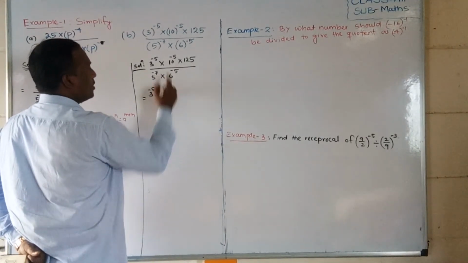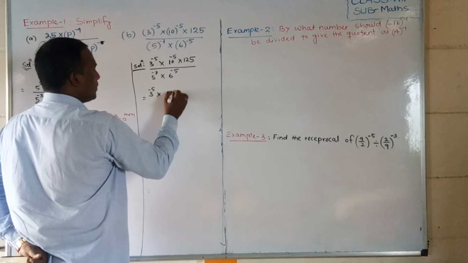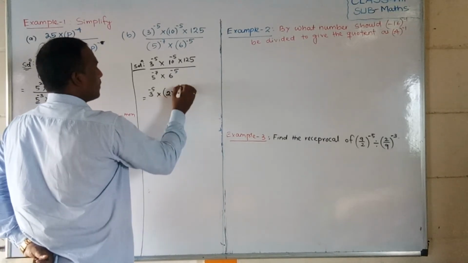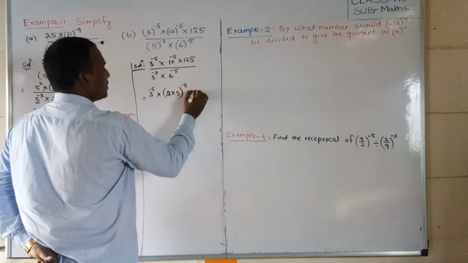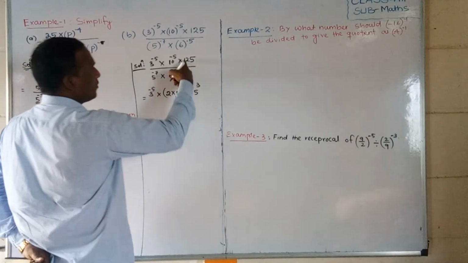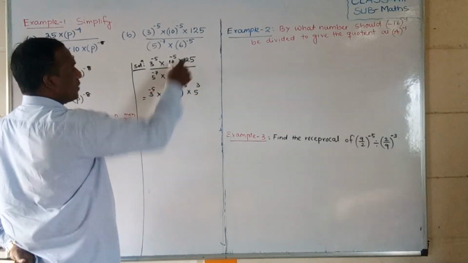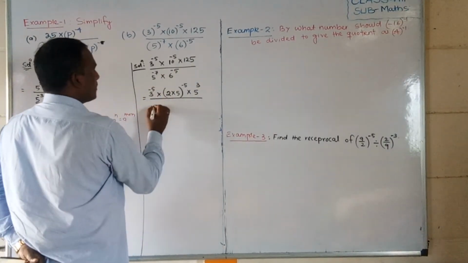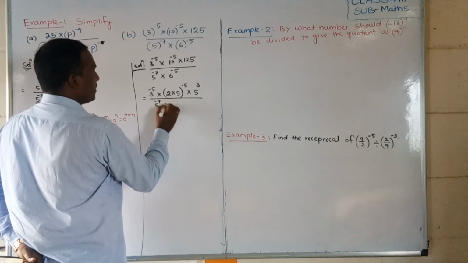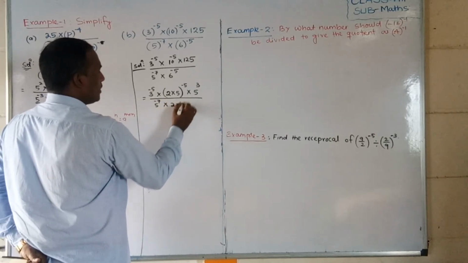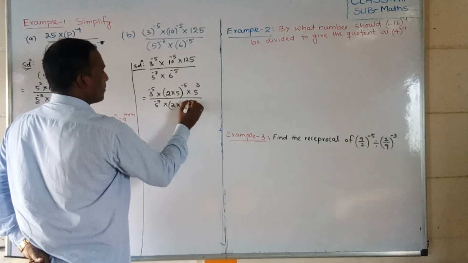Now we write 10 as 2 into 5, whole power -5, into 5 to the power 3, since 5 into 5 into 5 is 125, divided by 5 to the power -7 into 2 into 3, whole power -5.